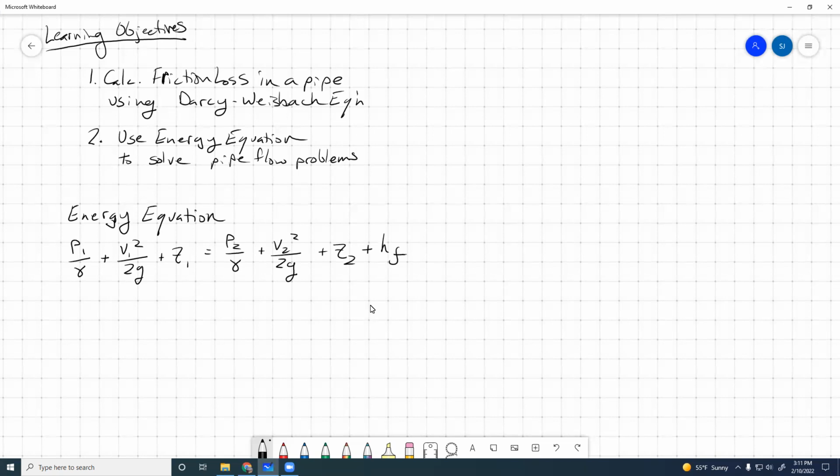We'll just keep head loss as head loss due to friction, also known as major losses or major loss.